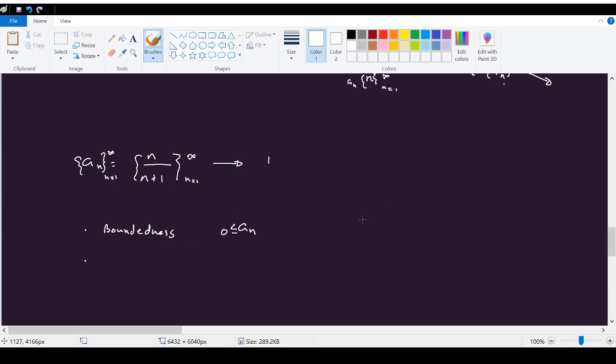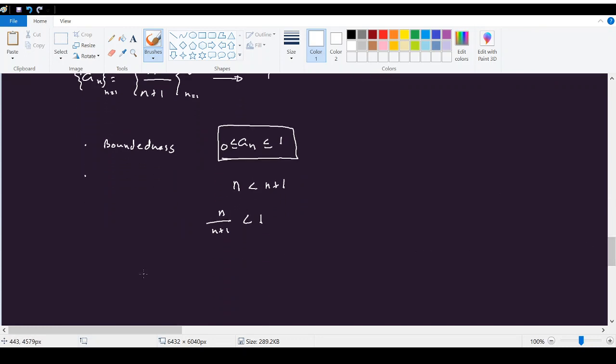And for the upper limit, you can see that n is always less than n plus 1. Therefore, n over n plus 1 is always less than 1. So we can use 1 as the upper limit, right? Now see, this is a bounded sequence.